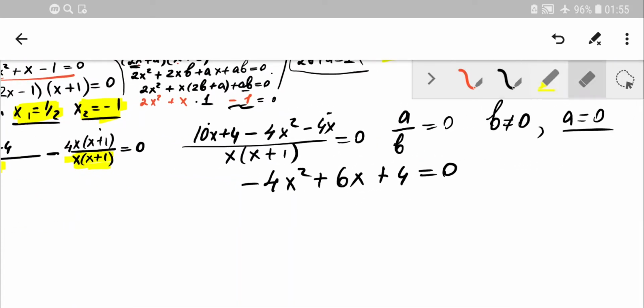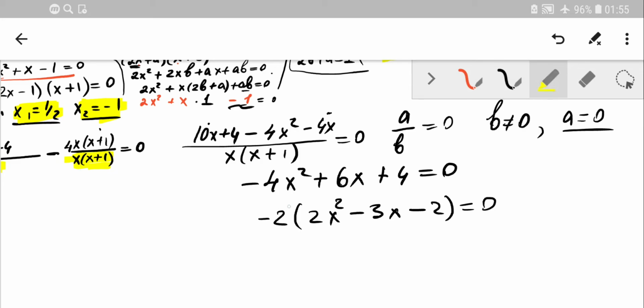I can simplify more by dividing by -2, or I can factorize -2, it doesn't matter. Let's do factorization instead of division. I factorize -2, and in the brackets I'll get 2x squared minus 3x minus 2, which is 0.